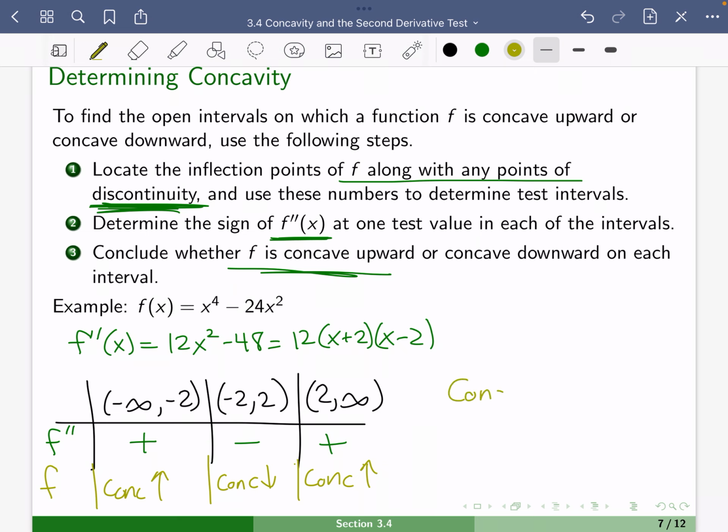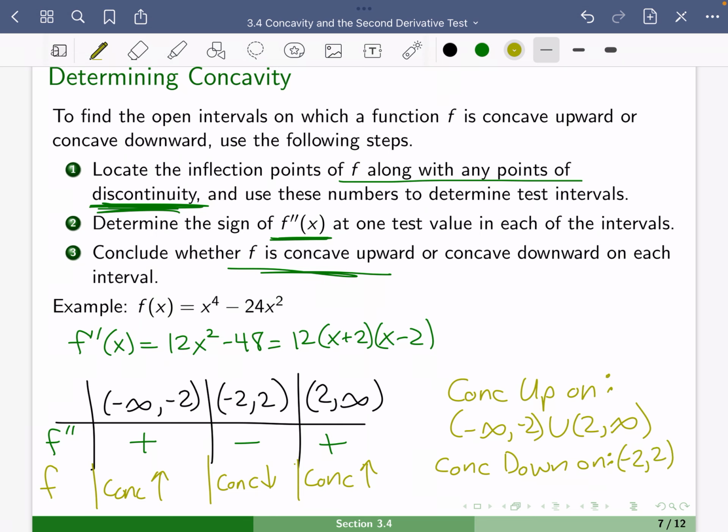So it is concave up on the interval from negative infinity to negative 2, union 2 to infinity, and it's concave down on the interval from negative 2 to 2.